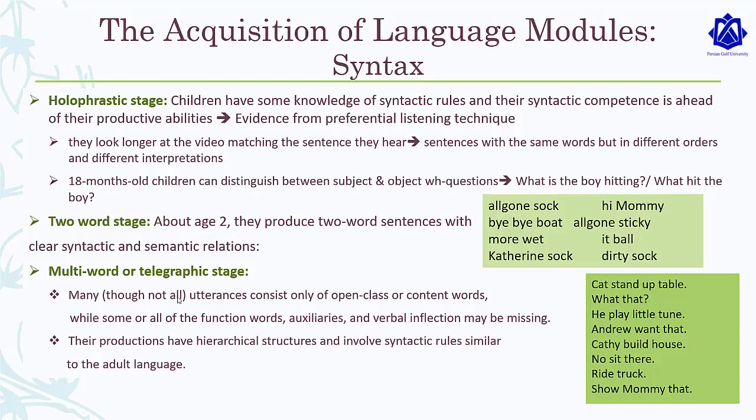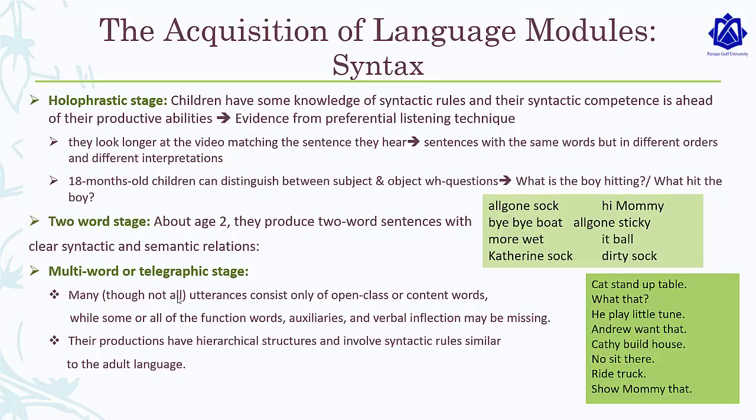In All Gone Suck, it means that all of the socks are gone, there are no socks, and the relation between all gone and sock is that all gone modifies sock, like dirty sock.